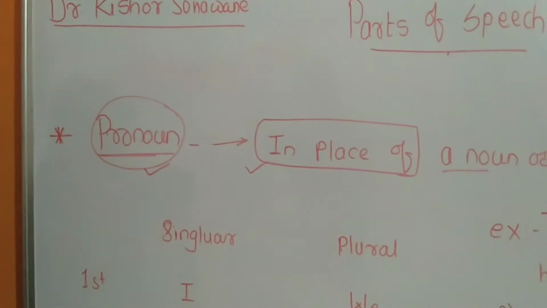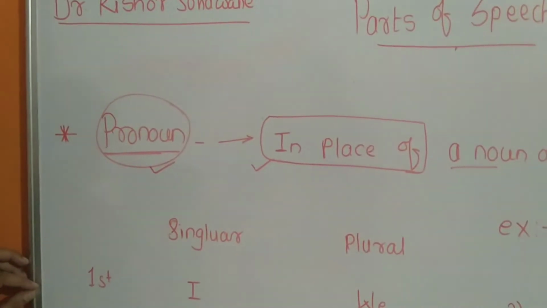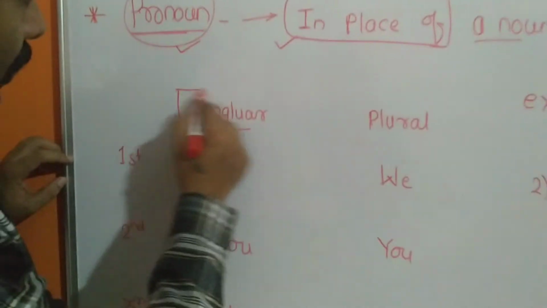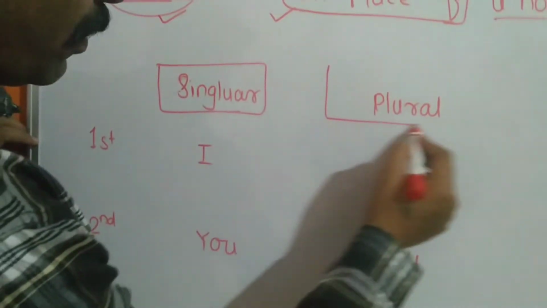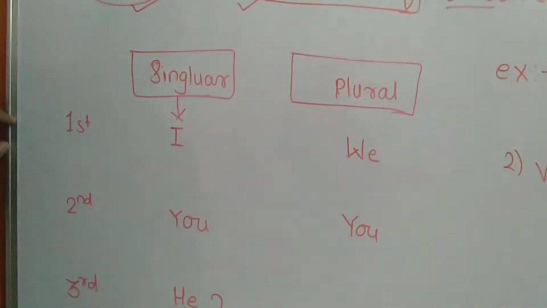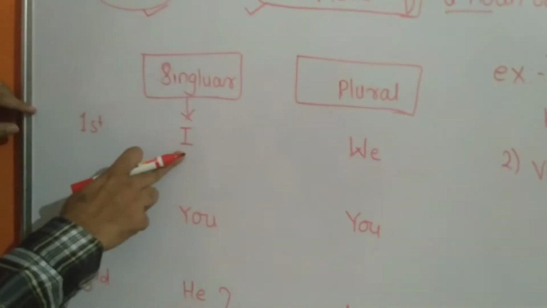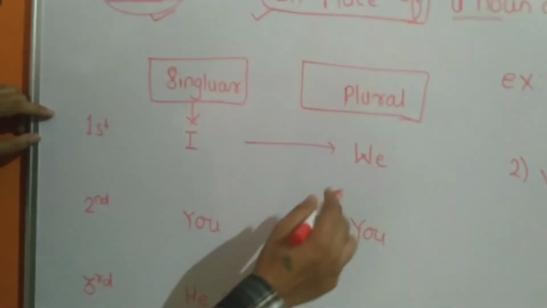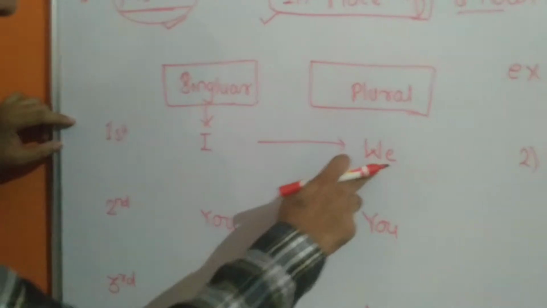In English grammar there are some pronouns like singular and plural pronouns. In singular there is I. In plural there is we.